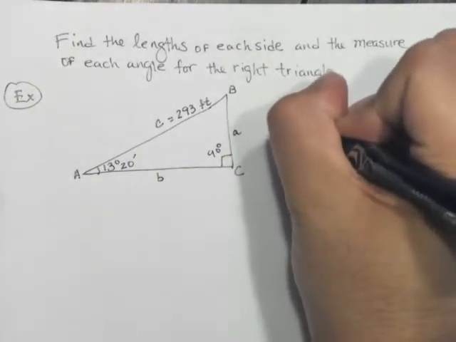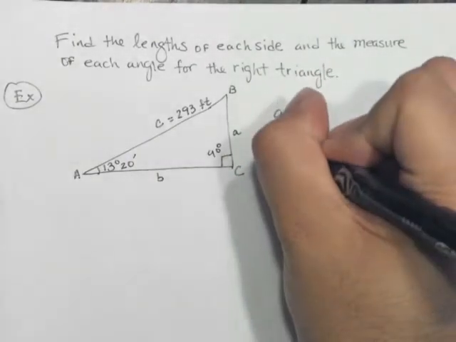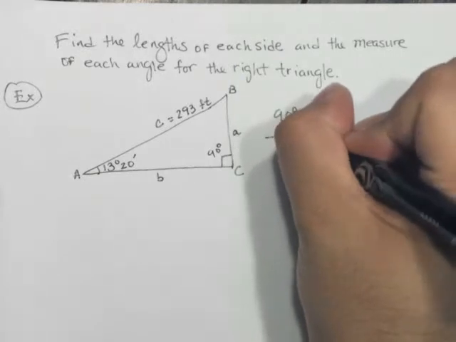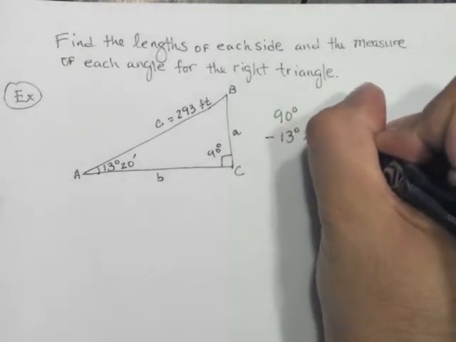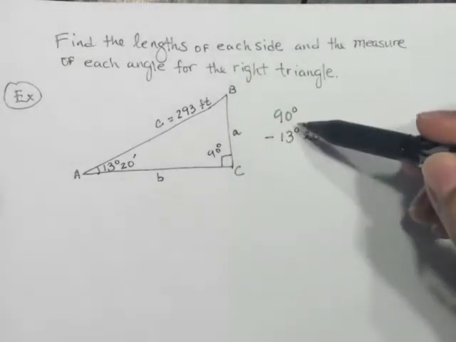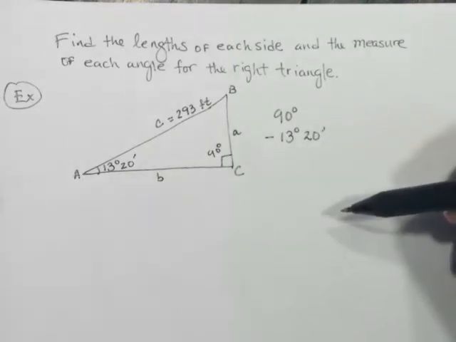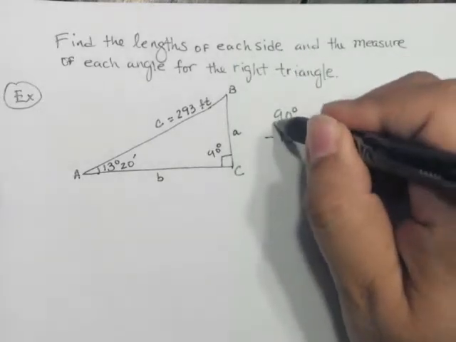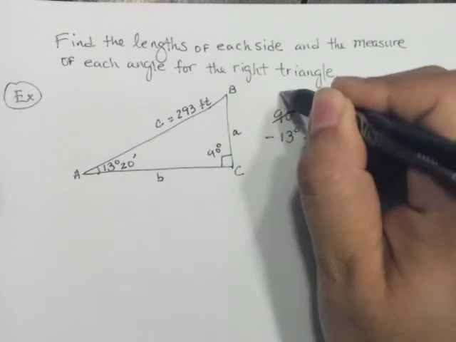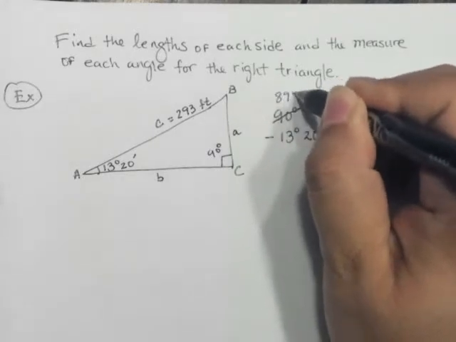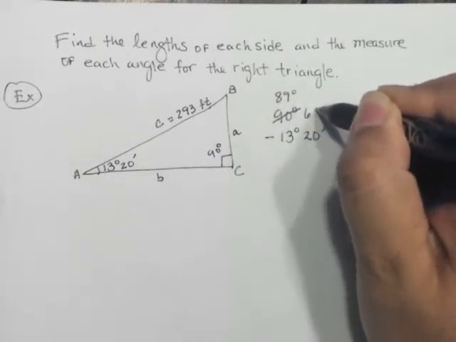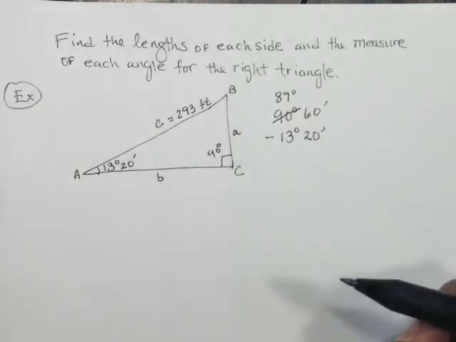I'm going to have 90 degrees and I am going to subtract 13 degrees and 20 minutes. Now I don't have any minutes here, so I'm going to borrow 1 degree. So this is going to become 89 degrees and 60 minutes, okay?